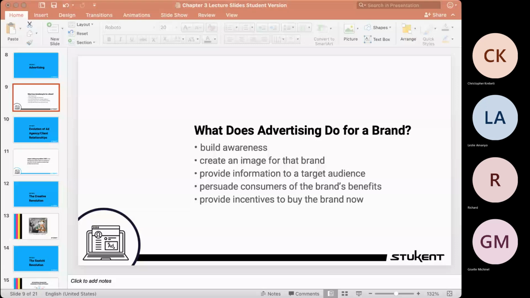And Procter and Gamble, the world's largest advertiser today, placed the ad for Ivory soap in 1882. Is it 1882 that I mentioned earlier? 1879. Okay.